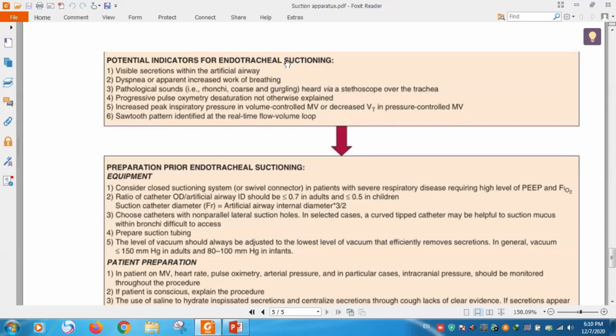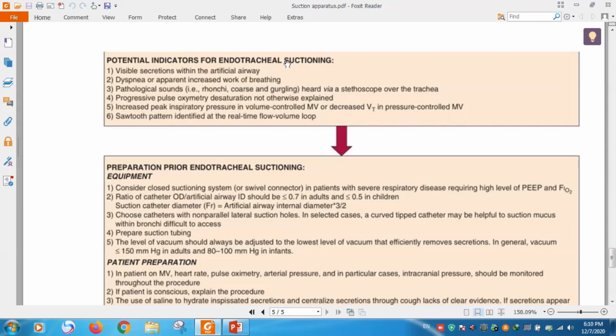Progressive pulse oximetry desaturation not otherwise explained. Increased peak inspiratory pressure in volume control ventilation, or decreased tidal volume in pressure control ventilation. Sawtooth pattern identified on the real-time flow volume loop.